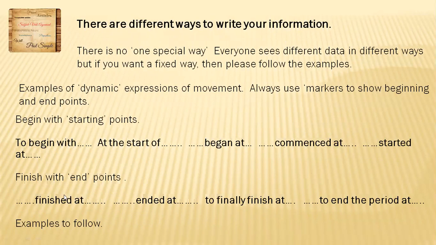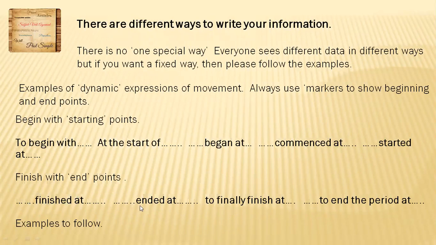And it's the same for ending. Ending, you could make a sentence, at the end of the period, the numbers were this. But it's more general to actually finish the sentence using these. So male student numbers finished in 1971, finished at 20,000.